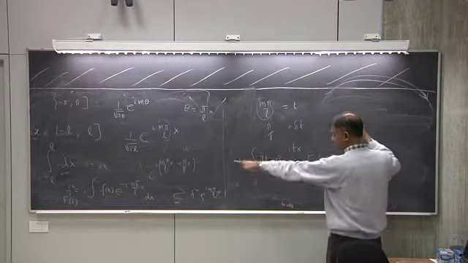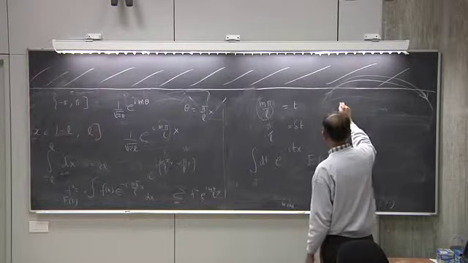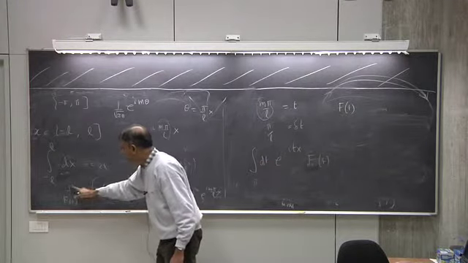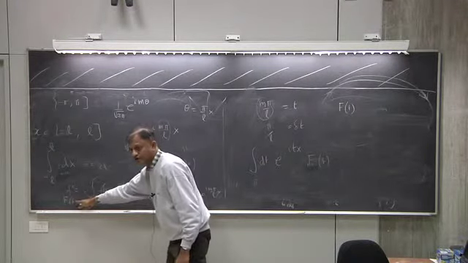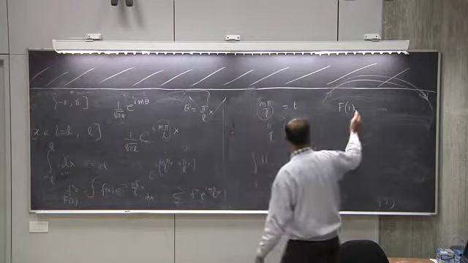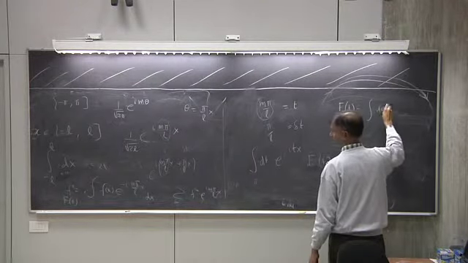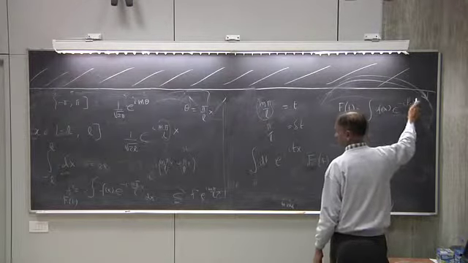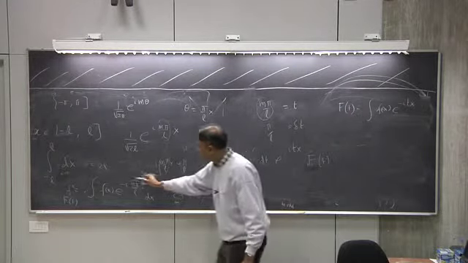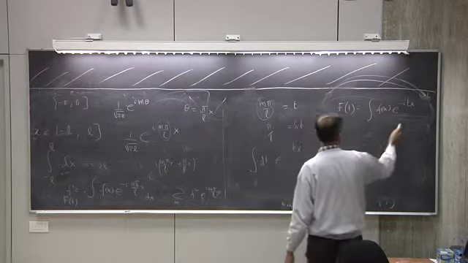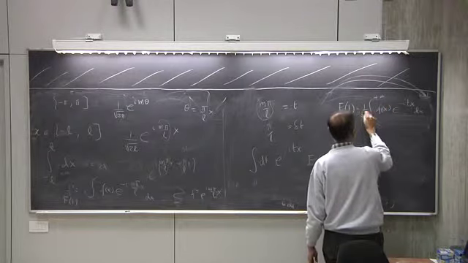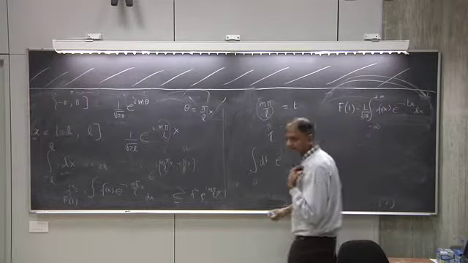So then a natural thing that we are finding is that F of t, this is the analog of f_m, because m is basically playing the role of t. F of t is simply the integral of f of x e to the power of minus i t x, because m pi by L is t, dx, from minus infinity to plus infinity, and we'll again choose a normalization 1 over root 2 pi.